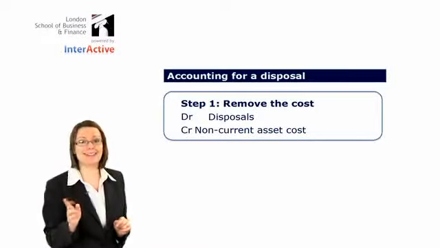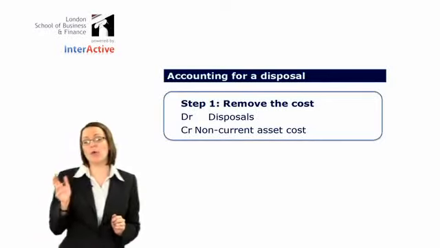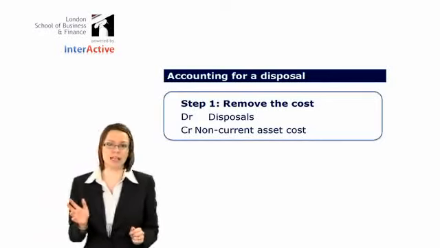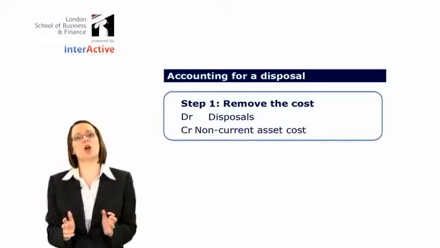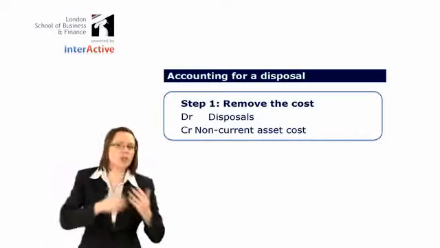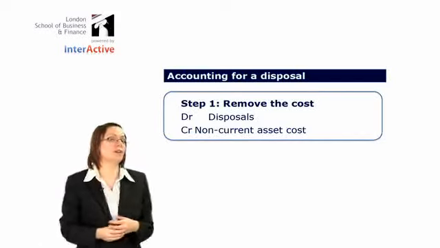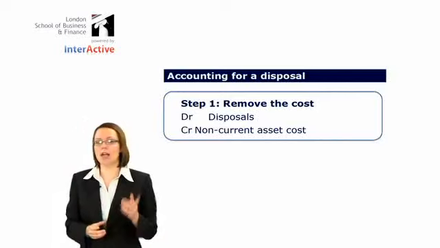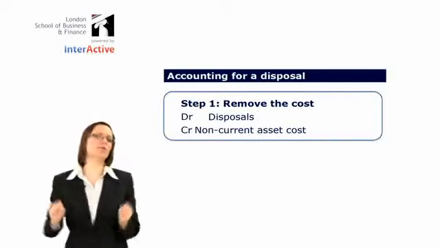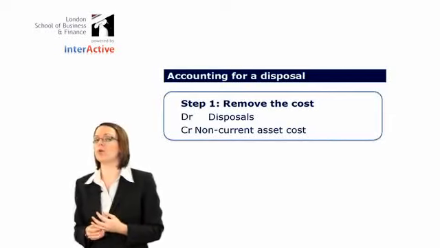Therefore, it should not exist in your accounting records. Now, what we have in our accounting records for the asset is its original cost in the asset cost account and all the accumulated depreciation on that asset that no longer exists. As a result, we need to remove them and essentially reverse the double entry that you would have seen before.